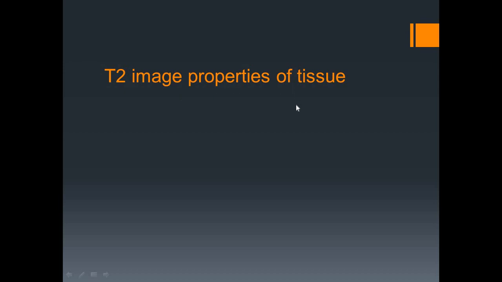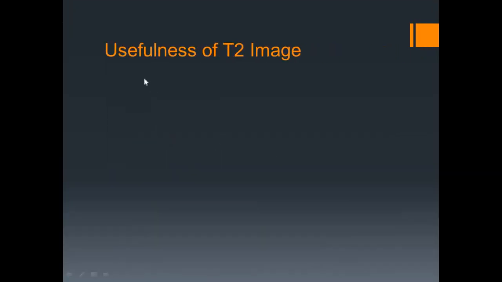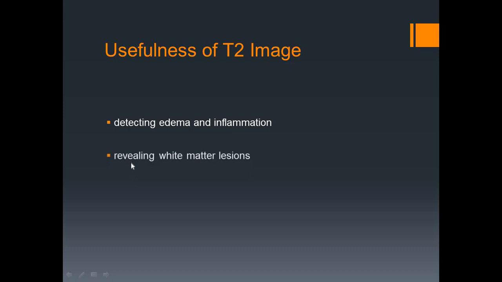T2 image properties of tissue. In T2 images, CSF looks bright, white matter looks dark gray, cortex looks light gray, fat looks light, and inflammation looks bright. Usefulness of T2 images: we can detect edema and inflammation.